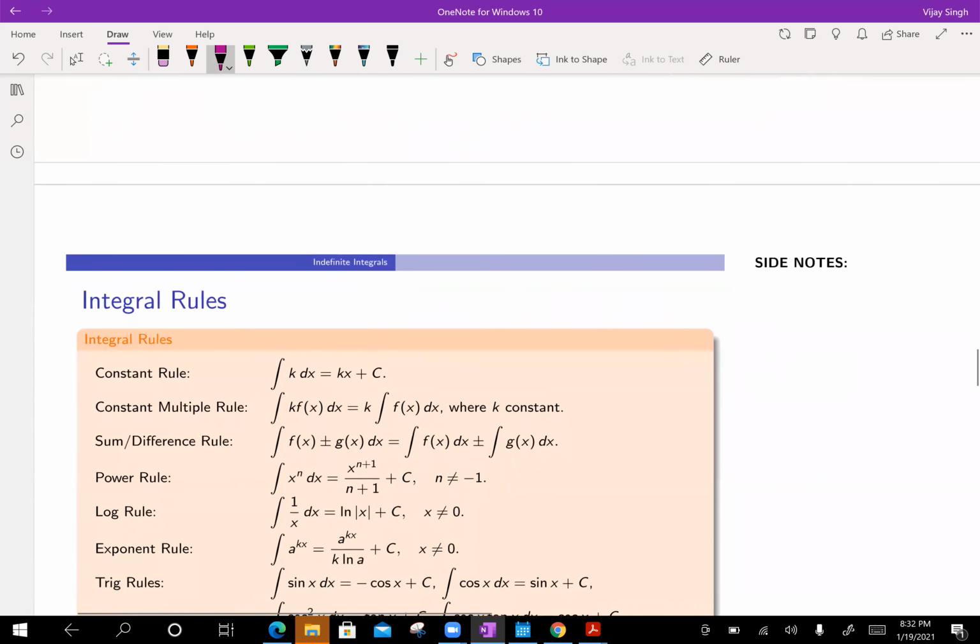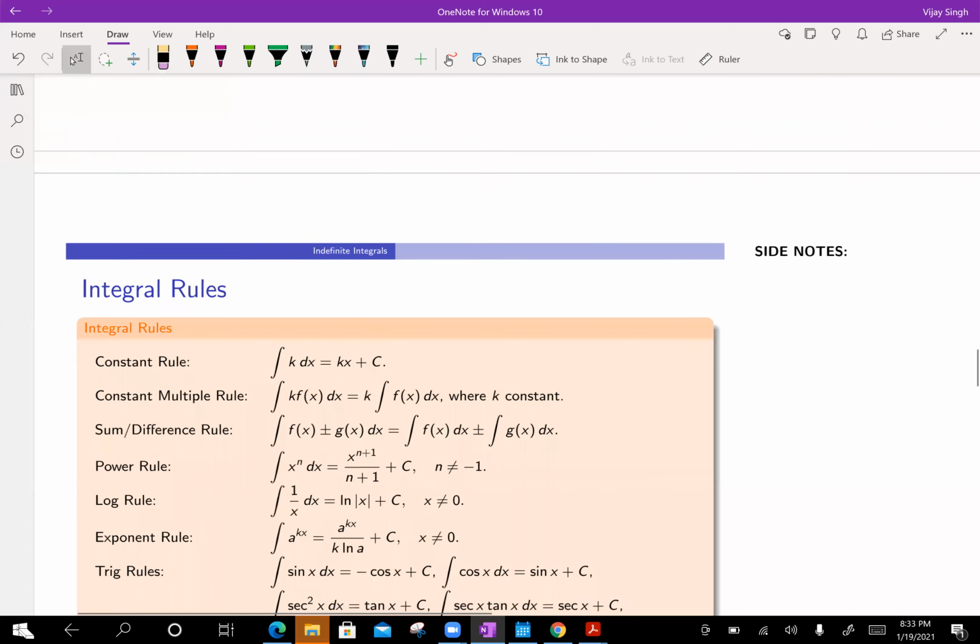So now these are the integral rules we are going to use when we are talking about integrals. For example, for the integration of k dx, your k comes out, and the integration of 1 is x, so we get plus c.